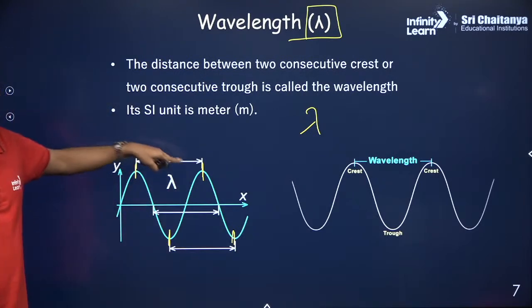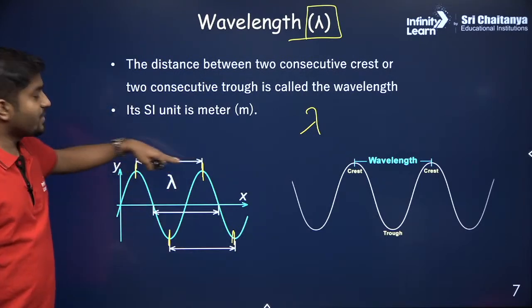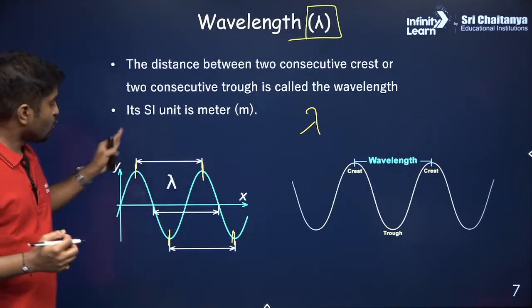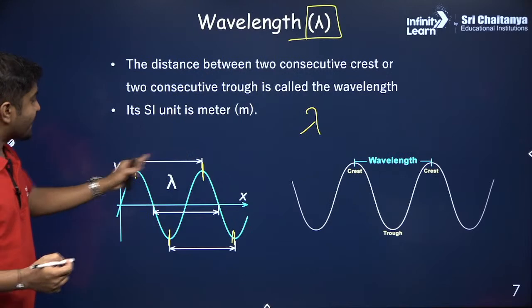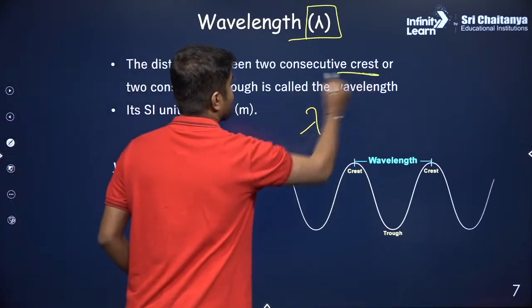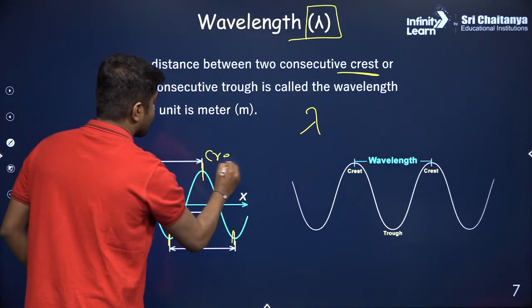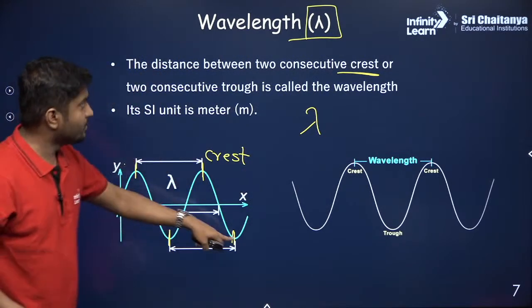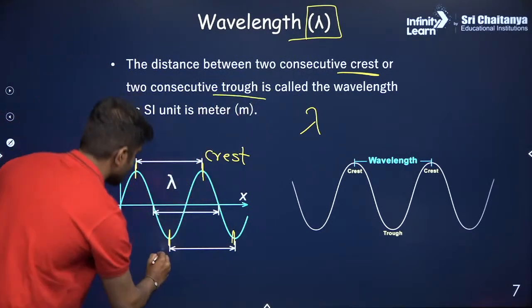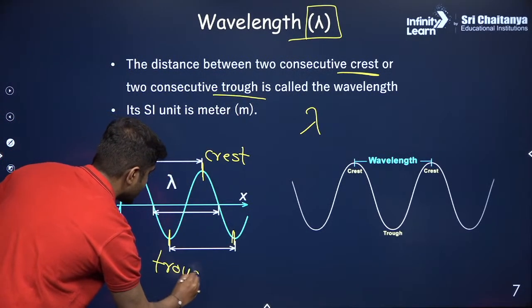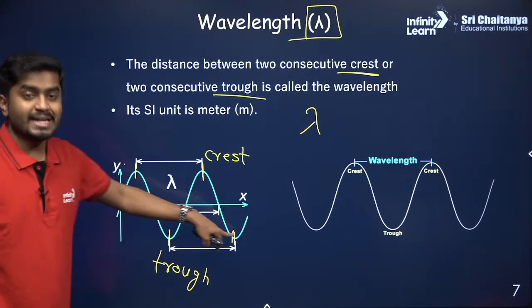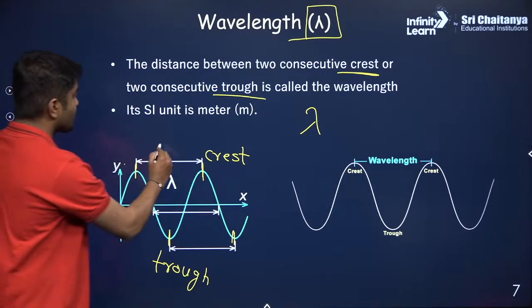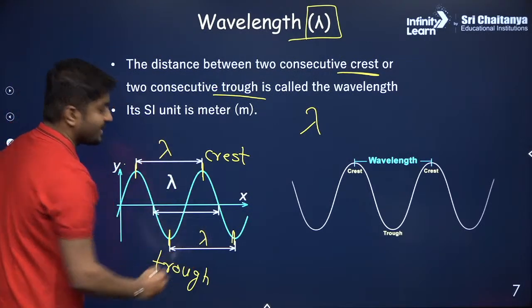Wavelength is defined as the distance between two consecutive maximum points, one right after another, and these maximum points are called crests. Two minimum points are called troughs. So the distance between two troughs or the distance between two crests is called wavelength.